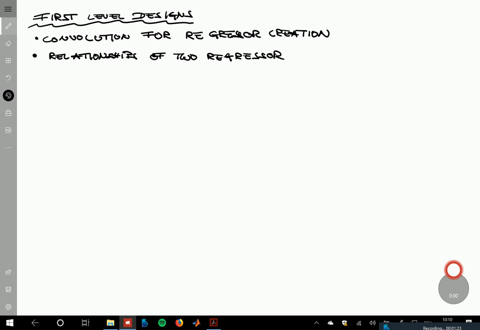So if you want, first thing we looked at in terms of pictures is to get from stick functions to these predicted bold responses. That's one thing we looked at.